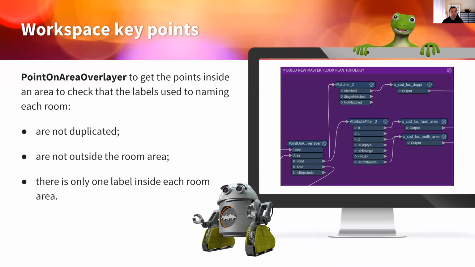Then, as we know, these codes are a point geometry type, and with point on area overlayer transformers, we check that these points are not duplicated, are not outside the room area, and there is only one code inside each room.